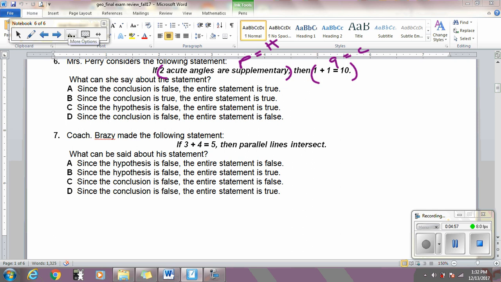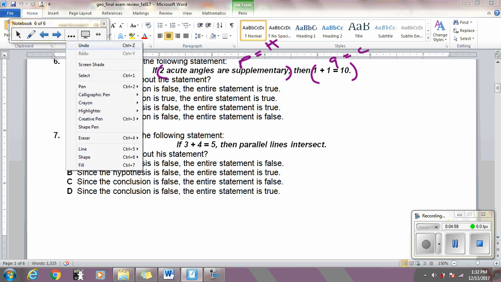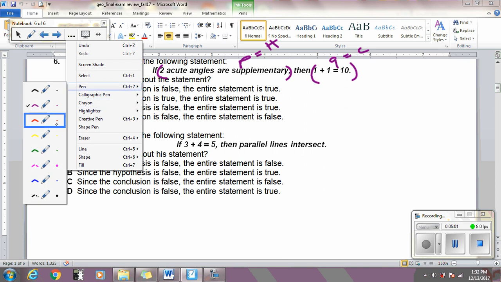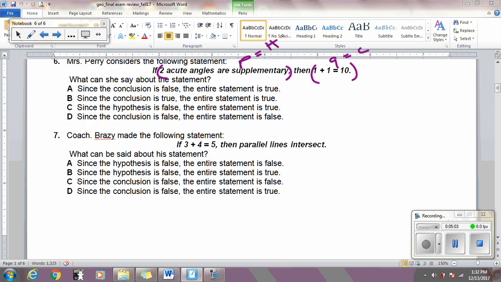So, is the hypothesis true or false? The hypothesis is false. The reason the hypothesis is false is because the largest acute angle could be like 89.9999. If I add it to itself, it would not quite hit 180 degrees.